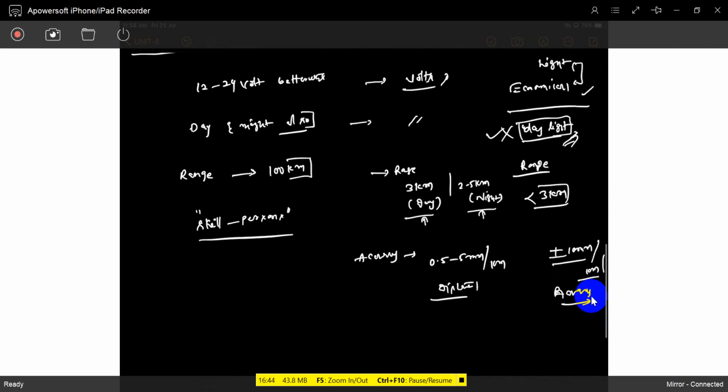But someone said it can be used in daylight, and someone said it can't be used in daylight. So what is the problem? What is the problem in using waves or wavelengths to measure distances or for other usages? What is the problem in this range?